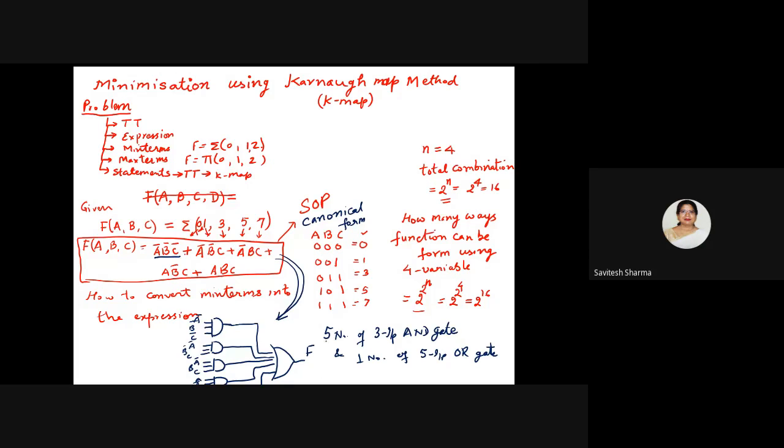Means hardware required is 5 number of 3 input AND gates, 1 number of 5 input OR gate, right? So what I am trying to tell you is that if you are implementing the function directly, you need a total of 6 gates. So please remember, if I am directly implementing the function, I need 6 gates, and out of 6, 5 gates should have 3 inputs and one gate should have 5 inputs. You please remember.